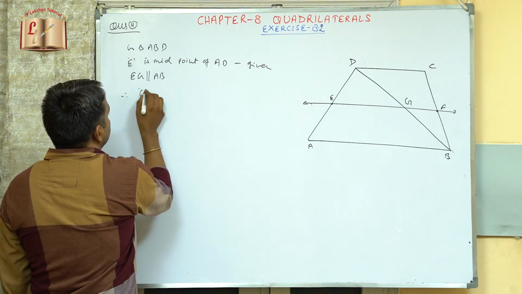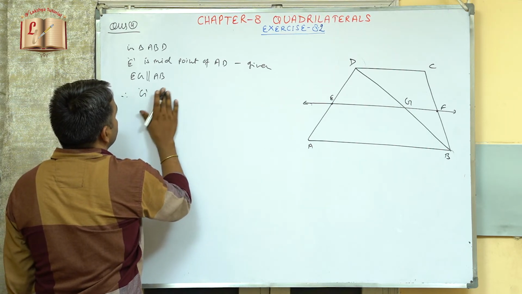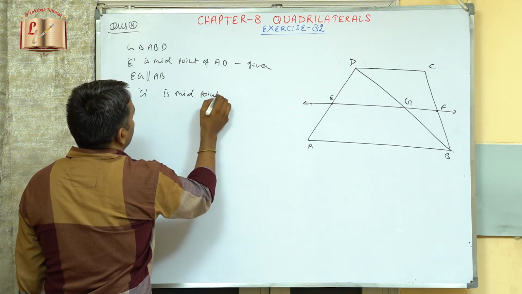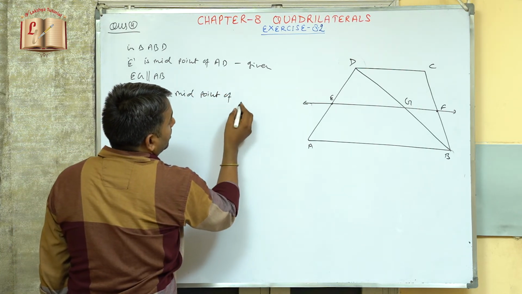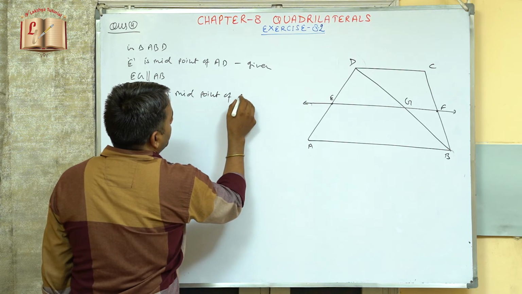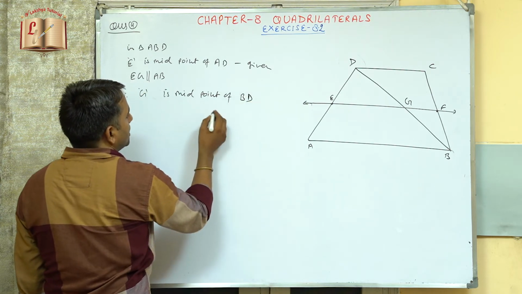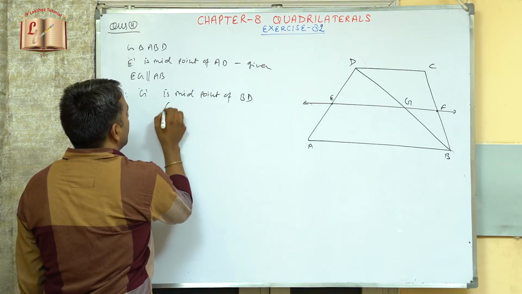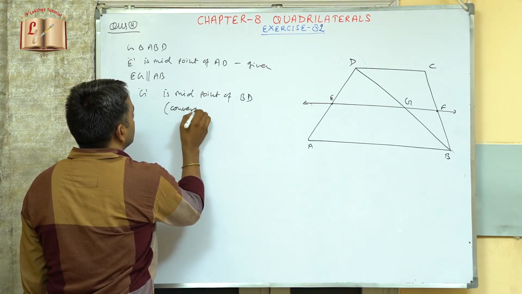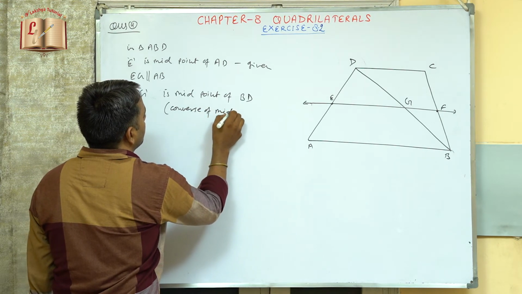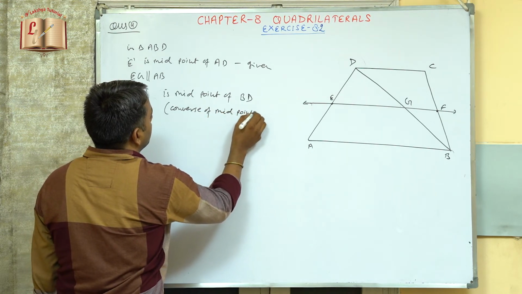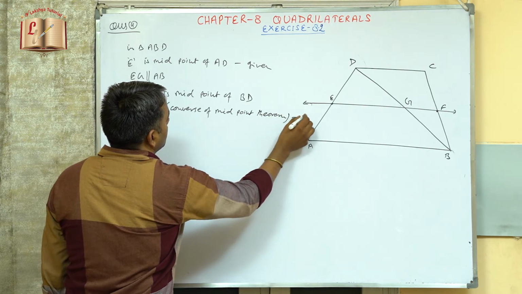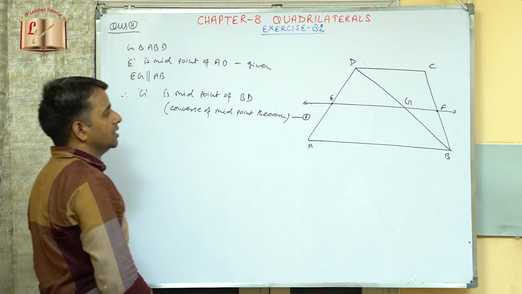Therefore G is the midpoint of BD. This is by converse of midpoint theorem. Take it as equation number 1.